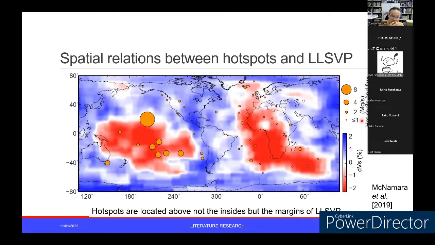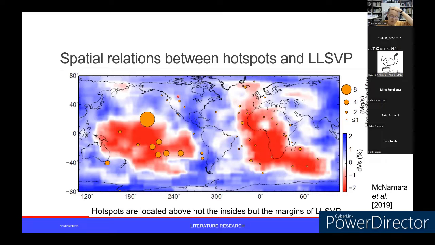Next, let me talk about the spatial relations between hotspots and LLSVP. This red part is again the LLSVP, and hotspots are located not at the very center or inside of the LLSVP, but at the outside or margin of the LLSVP, near the high velocity regions.